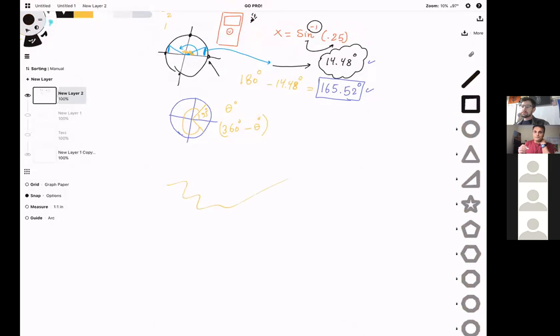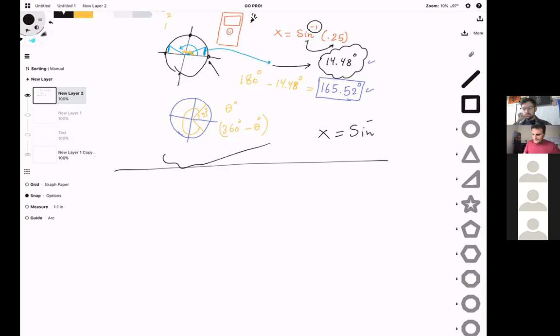So we got the idea of how we are using the inverse. Now let's have some tricky questions, which you will see in a quiz or exam. Back to that inverse. I said x equals sine inverse of 0.25.